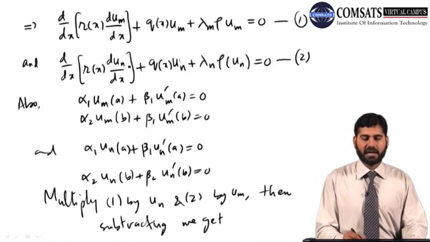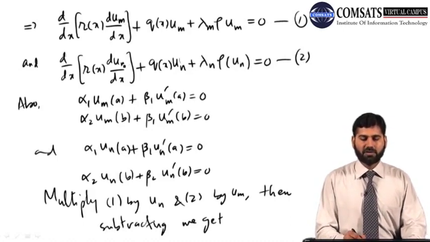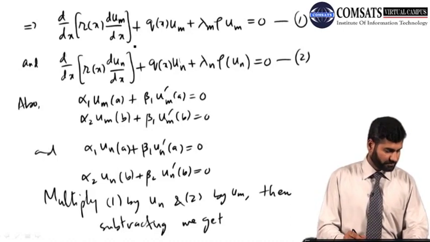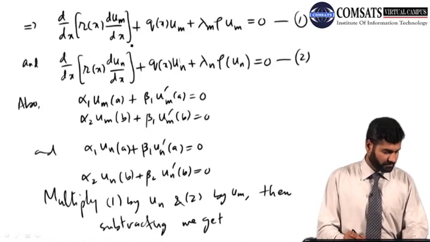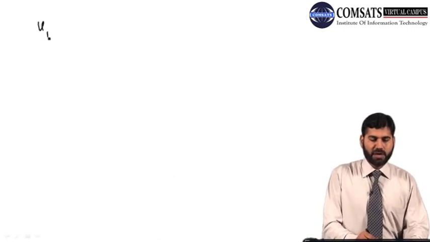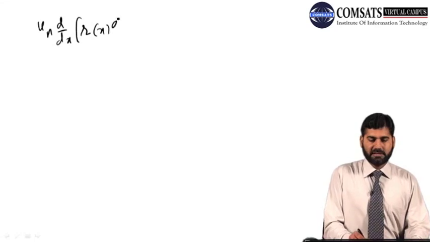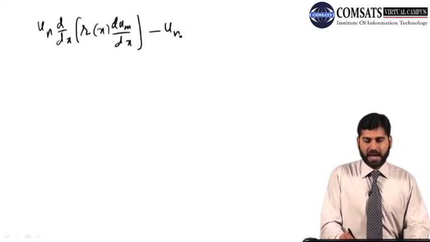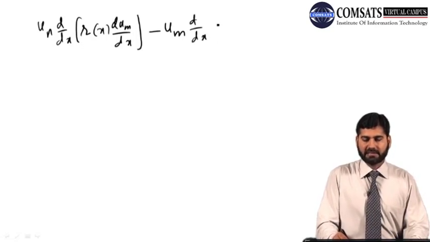What you will get is un d by dx of R(x) dum by dx minus um d by dx of R(x) dun by dx.